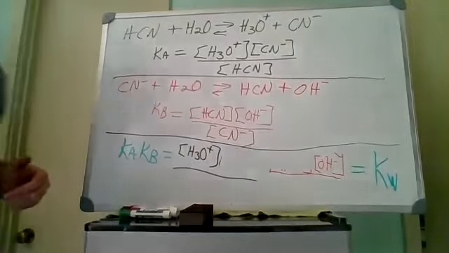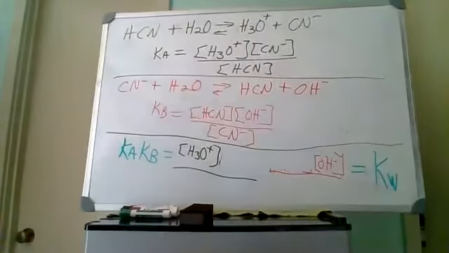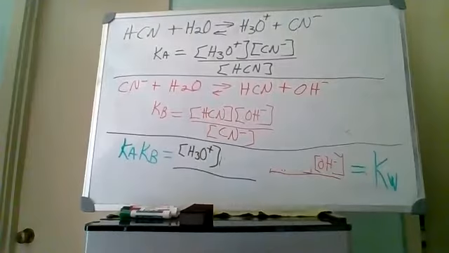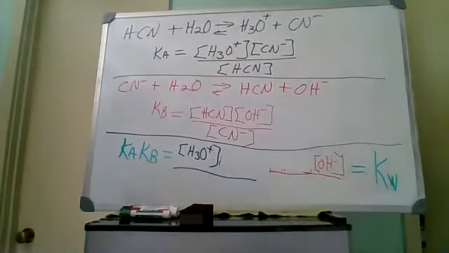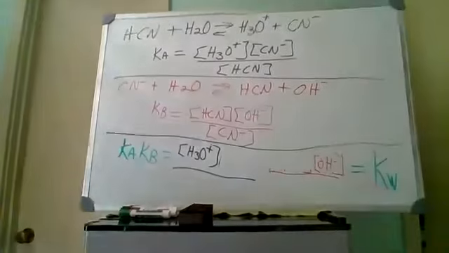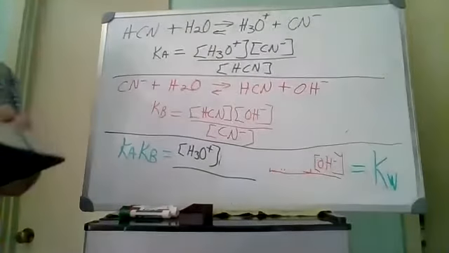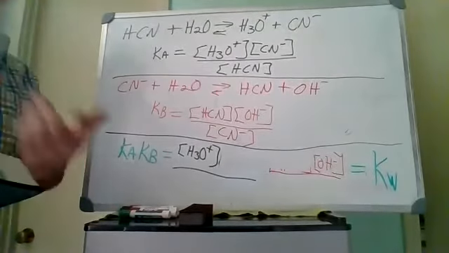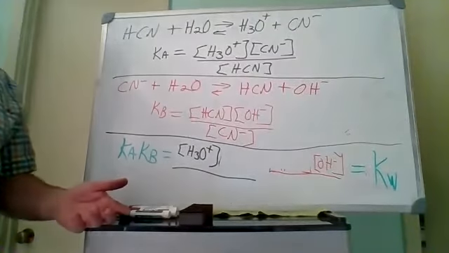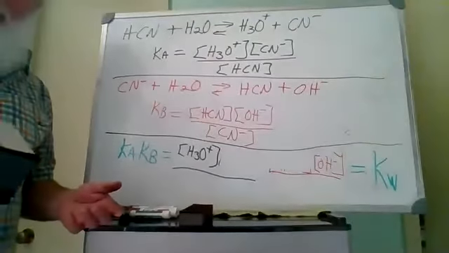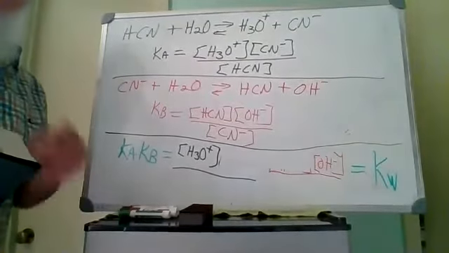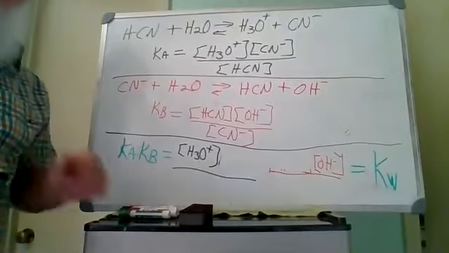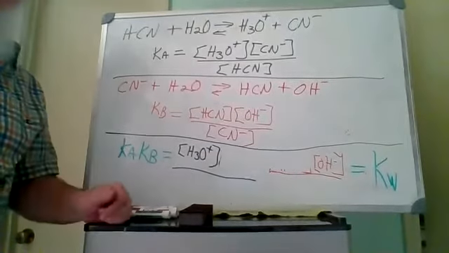So if we look back on page 560, all right, if you look at number 4 up at top in the green, when they were talking about how to predict whether a salt solution is going to be acidic or basic, right? In number 4, it says a salt of a weak base and a weak acid, where both ions hydrolyze.